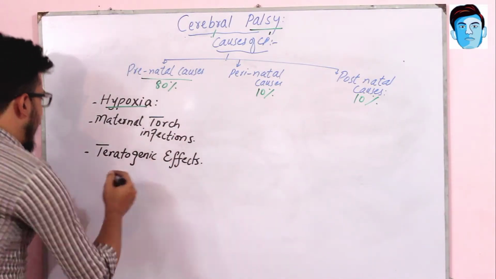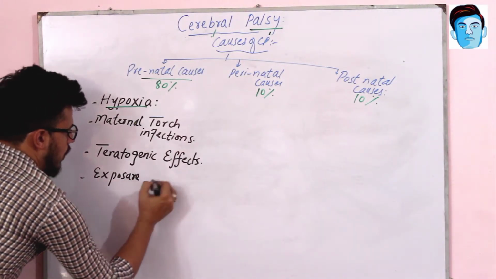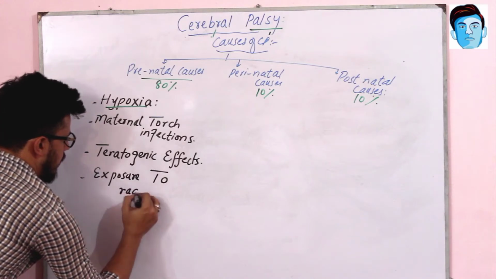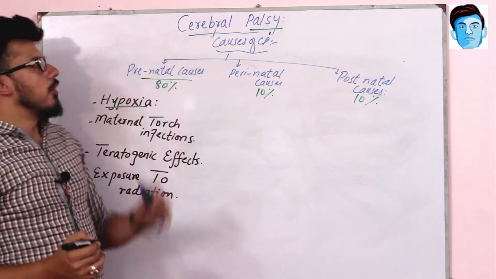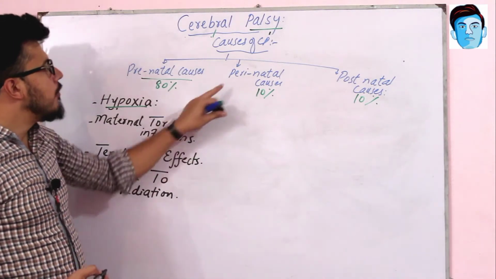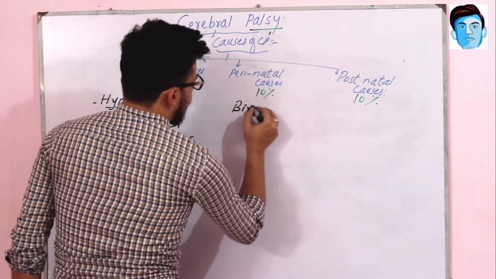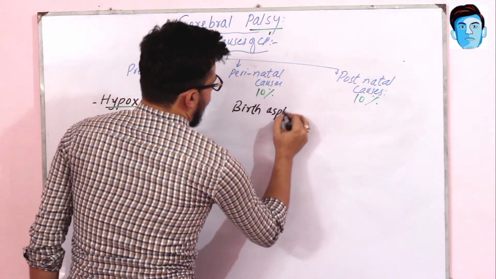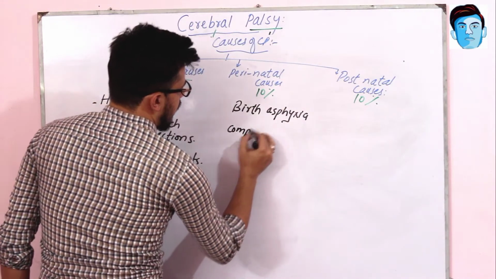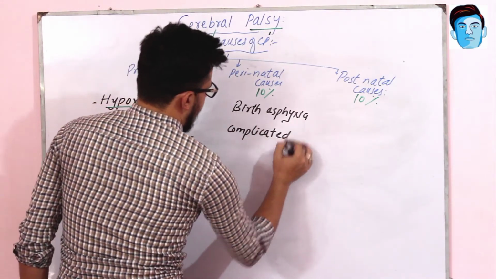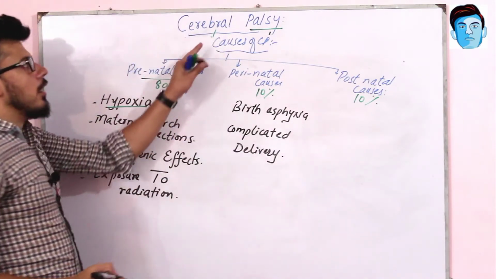Now, also exposure to radiation leads to prenatal causes of cerebral palsy. While if you talk about perinatal causes, it includes birth asphyxia or certain complicated deliveries, which may lead to cerebral palsy.